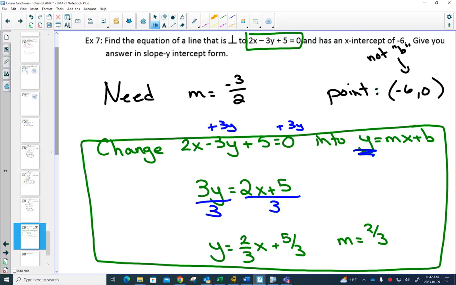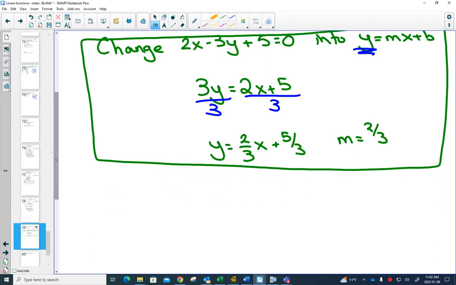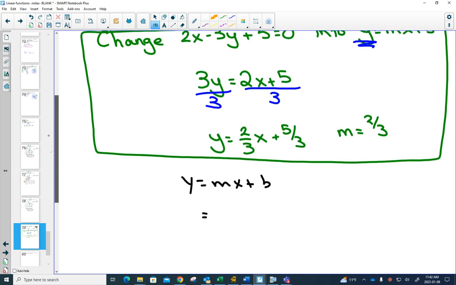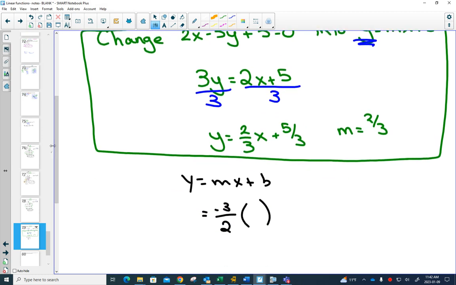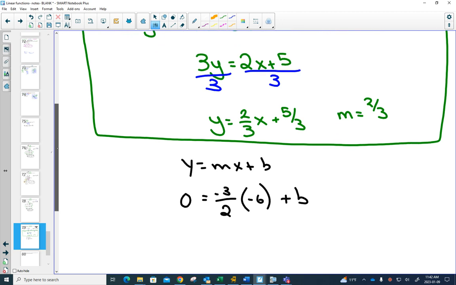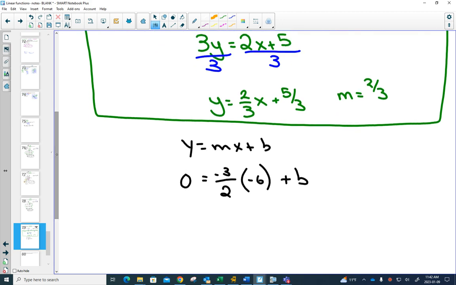So they want this one in the slope-intercept form. So we want it in y equals mx plus b. You know the m value, right, was -3 over 2. You can plug that in. We know that when x is -6, y is 0. How do you multiply fractions?